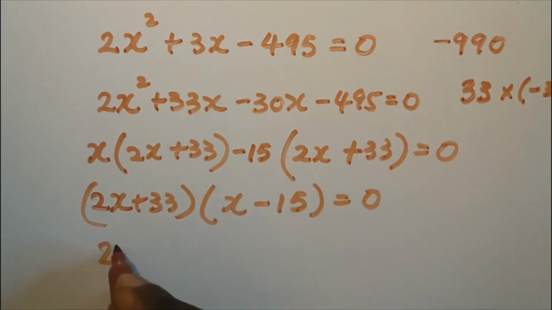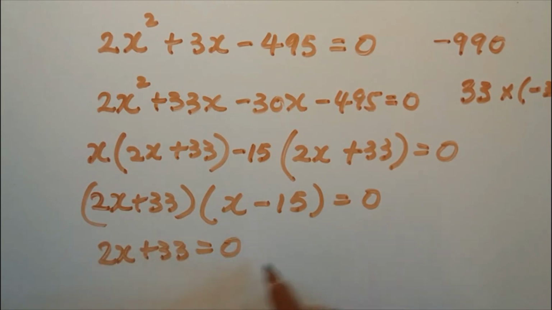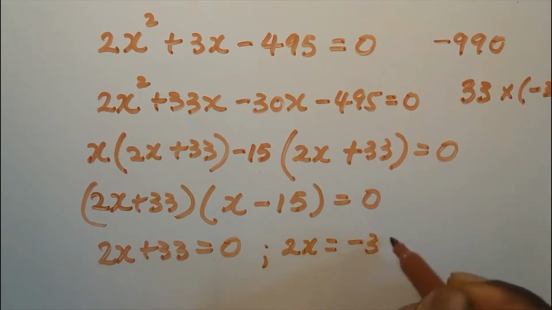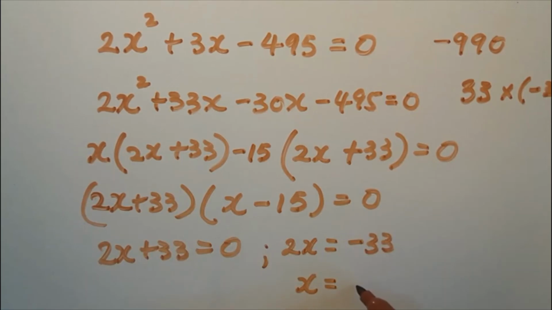So if 2x add 33 is equal to 0, then we have 2x is equal to negative 33 and x is equal to negative 16 and 1 over 2.